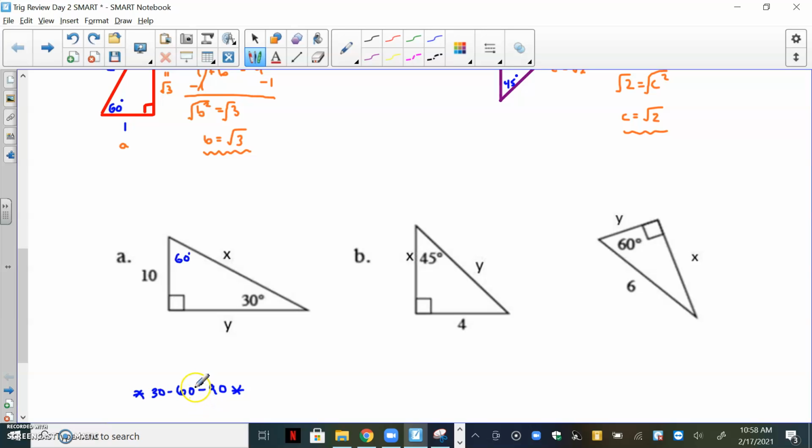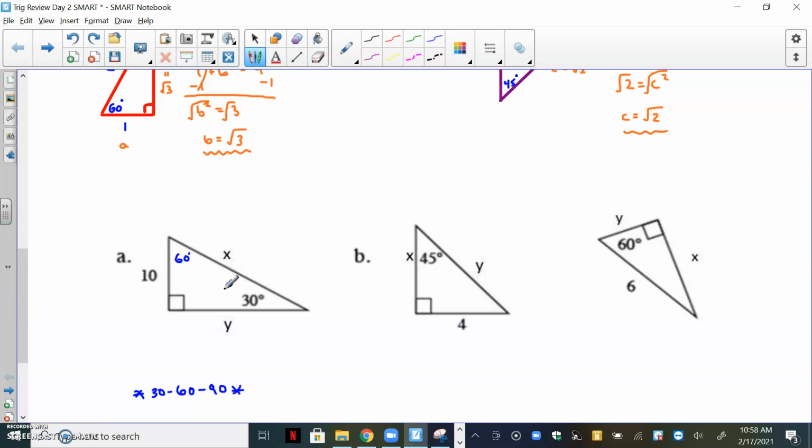And then I have to look at the proportions. Now hopefully from geometry you remember that two shapes that have all equal angles are actually similar. And what that means is that all the side lengths are in proportion.